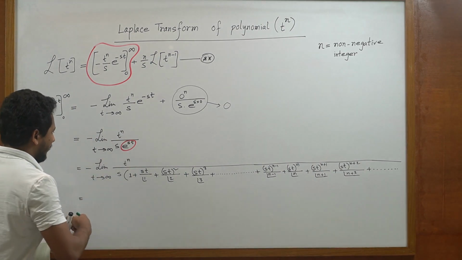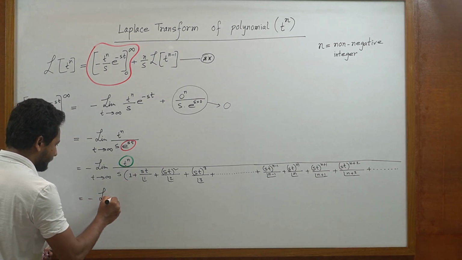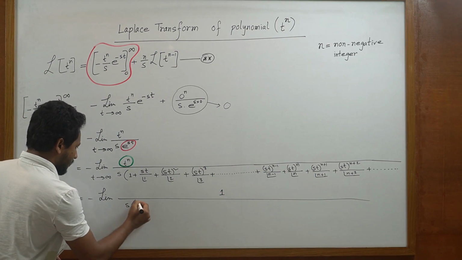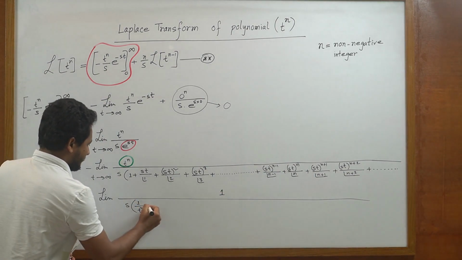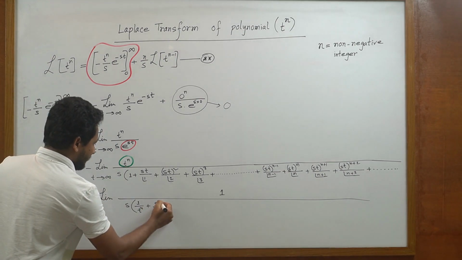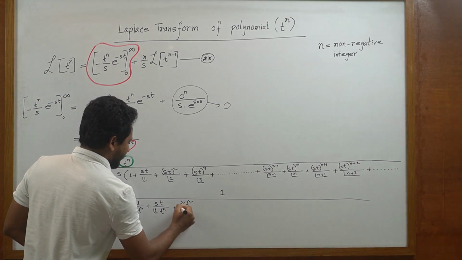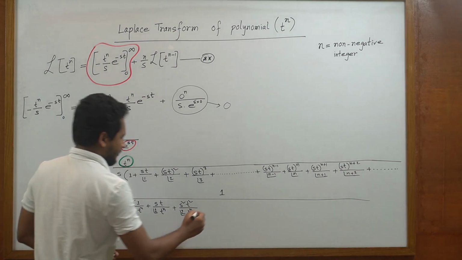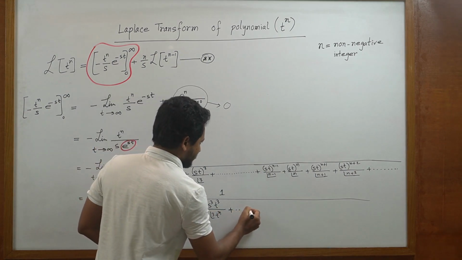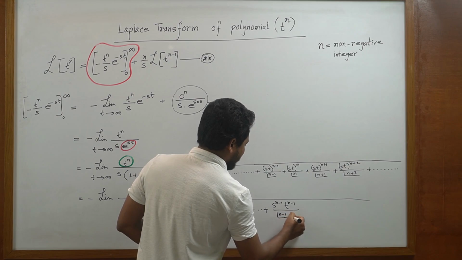Now we will take t to the power n into the denominator, and we will write 1 over s: 1 by t to the power n plus s by factorial 1 t by t to the power n plus s square t square by factorial 2 t to the power n plus s cube t cube by factorial 3 t to the power n plus s to the power n minus 1 t to the power n minus 1 by factorial n minus 1 t to the power n.